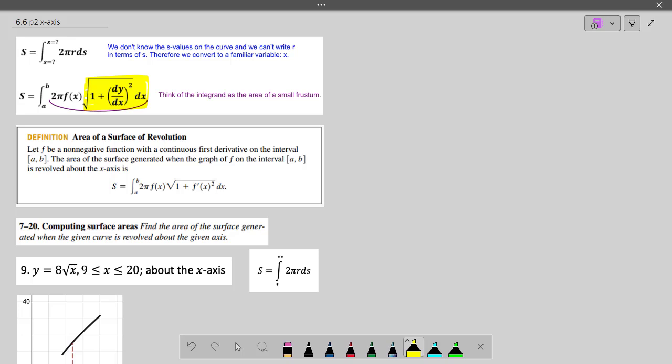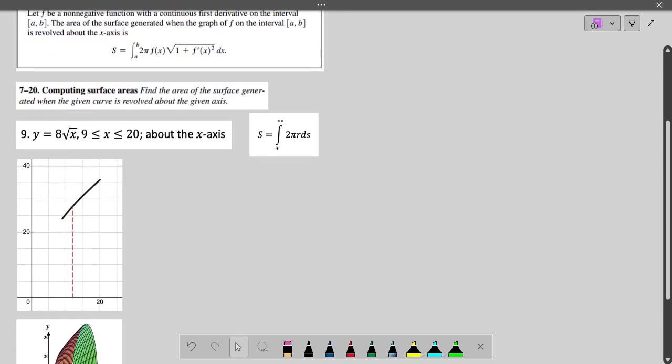And most of the time, the radius is your function. Just like we did with shells and washers and discs, the radius is almost always just the function. Sometimes we have to modify it a little bit. But the basic formula, 2 pi r ds, circumference with respect to s. And then we have to convert. If we're converting to x's, we need to convert the radius to x's. And then we have to convert the ds into that arc length piece. So let's try one of these.